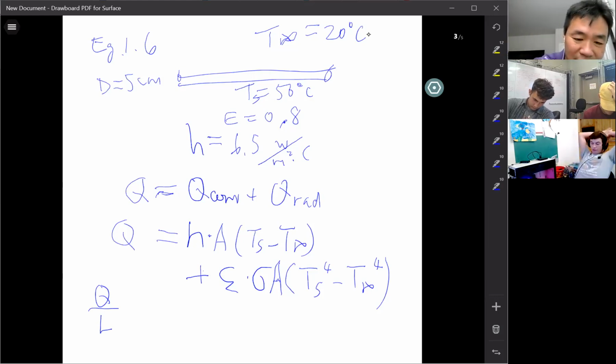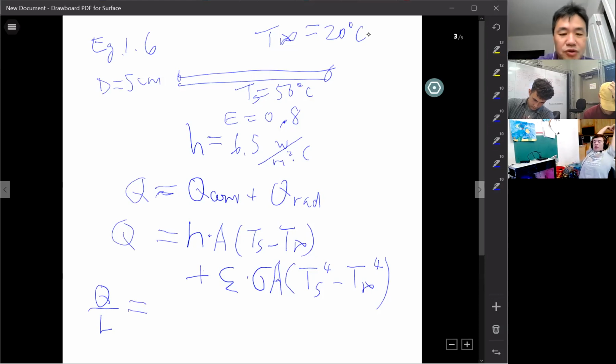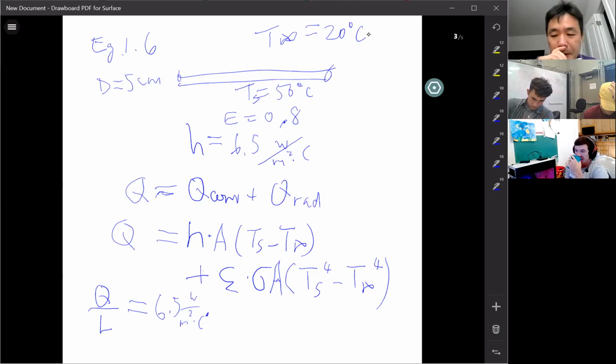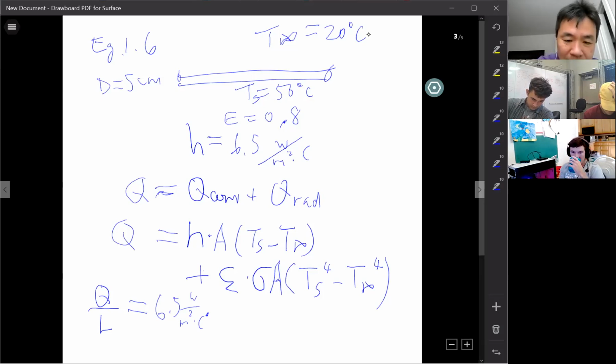So it's okay, right? Q over L equals H, which is 6.5 watt per meter squared C. Now area becomes what? Pi d, right? The circumference of the pipe, pi times diameter. The diameter is 5 centimeter. Very careful, 0.05 meter.